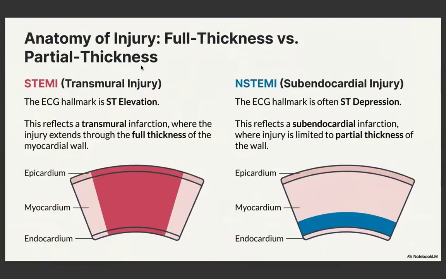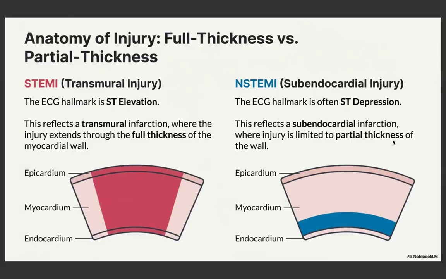Looking at the actual injury itself, full ST elevation is a reflection of something called transmural infarction, which means the injury extends all the way to the epicardium. So from the endocardium, that inner lining of the heart, through the myocardium up to the epicardium, the very outside, right before we get the pericardium, that sac that surrounds the heart.